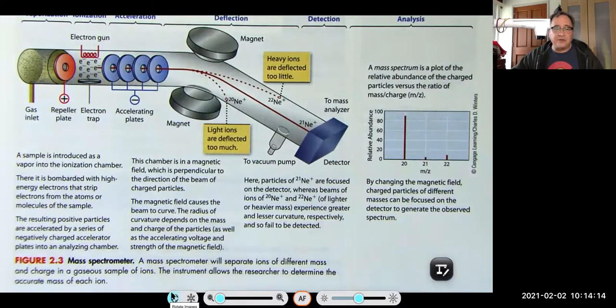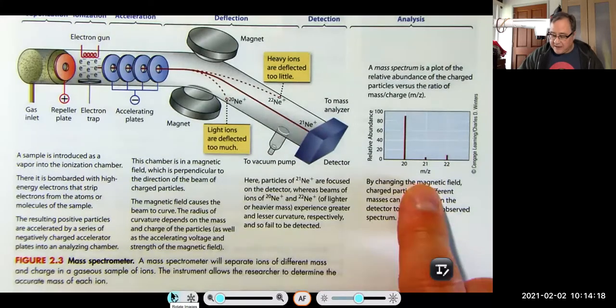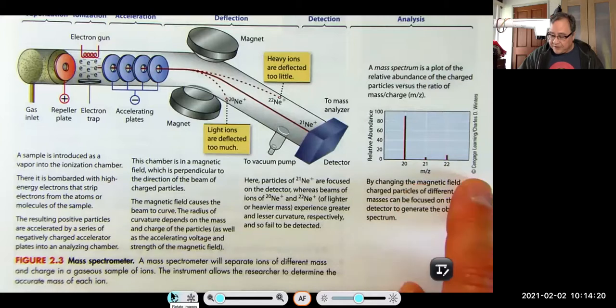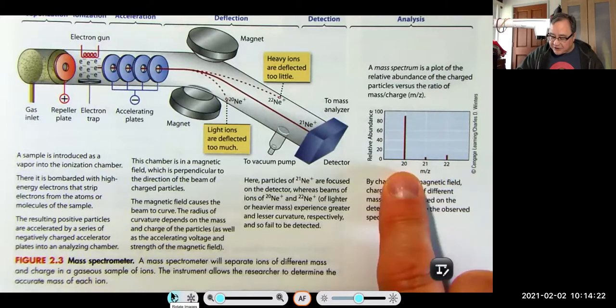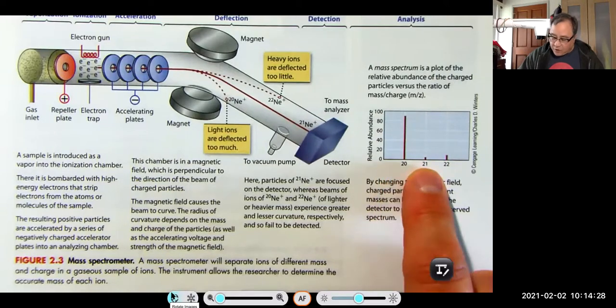And then you compare those results. And that's what we see over here on the right in this graph. You can see that they have the percentages right here where roughly the 20 is 90%, the 21 is like 4%, and the 22 is like 6%, something like that.